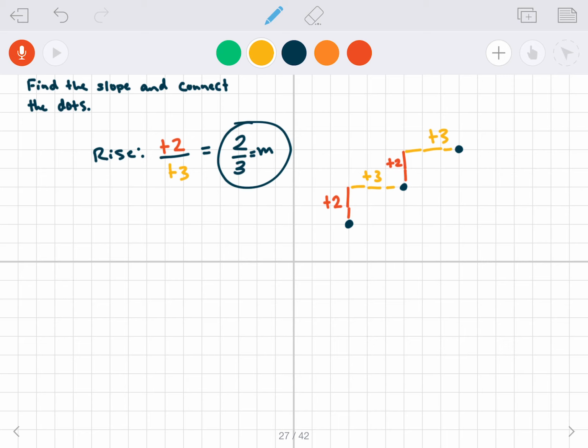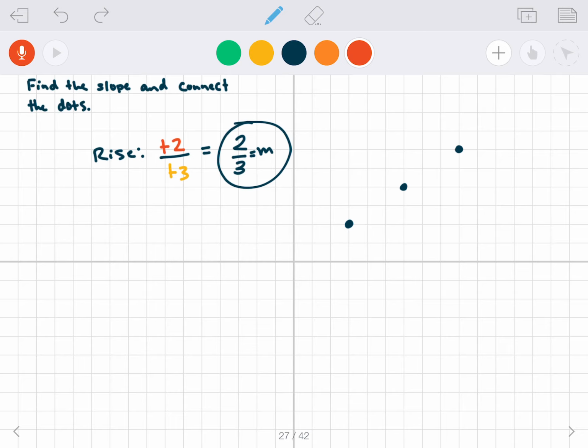Now another way, I want to show you how to do this going the opposite way. Let's say we don't start at the leftmost black point. Let's say we start at the top one over here. We can still do rise over run and get the same answer. Watch. Let's say that I want to go from this point to this point, okay? How much do I have to rise and run?